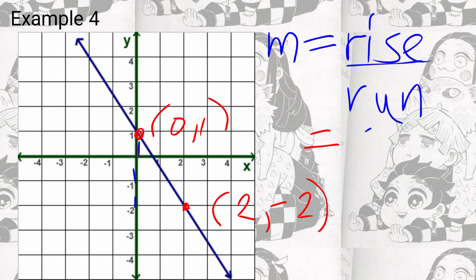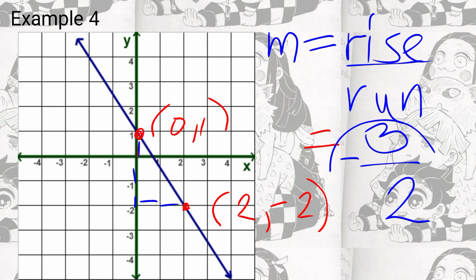So, 3 units pababa. Bilang tayo ng run. 1, 2. So, 2 units run. So, meron tayong slope na 3 over 2. Since ang graph natin ay pababa, it goes downward, down to the right, negative siya.